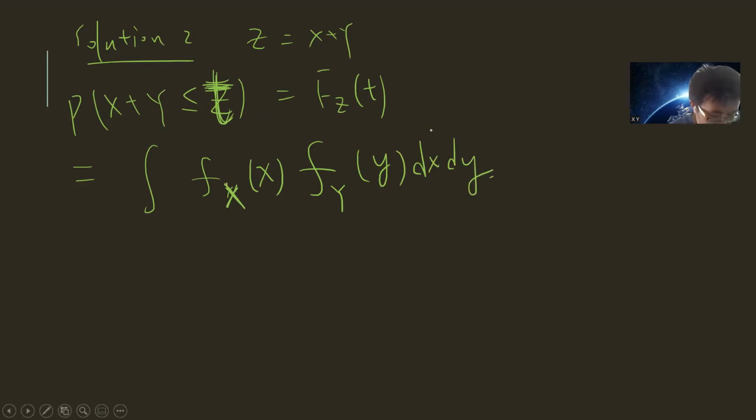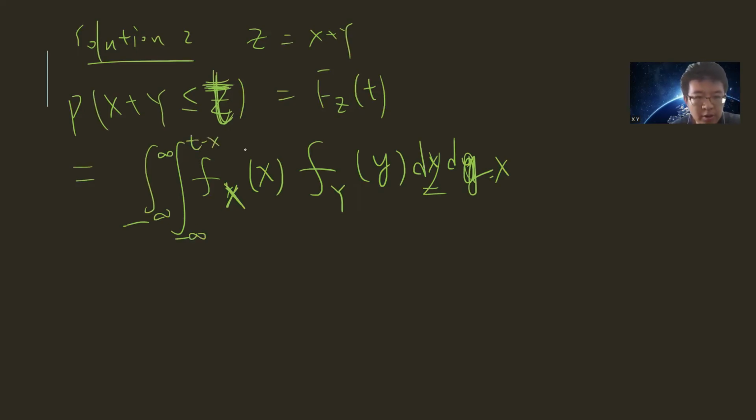Now let's write dy and dx. In general, you can make x go from minus infinity to infinity, and then y can go from minus infinity to t minus x, because x plus y is less than or equal to t.